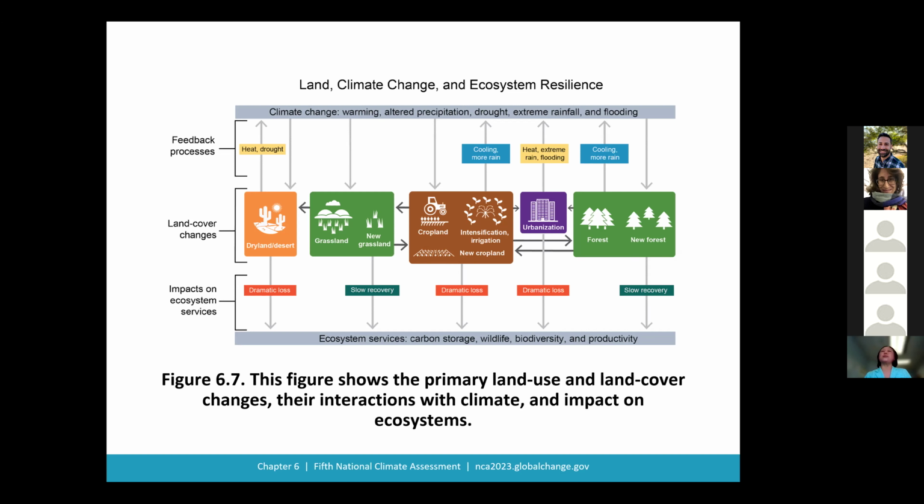And we have probably heard a lot about flooding in urban areas because of the change of the soil to impermeable surface. So those, in terms of the heat, increasing extreme rainfall and flooding, are what we consider the impact of urbanization on the climate, or the feedback to the climate.